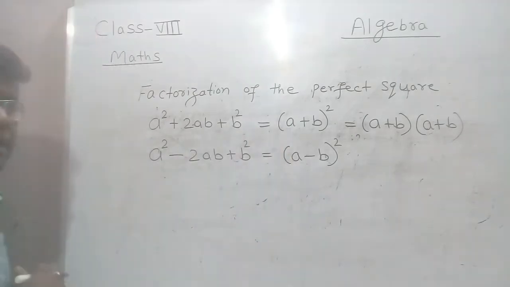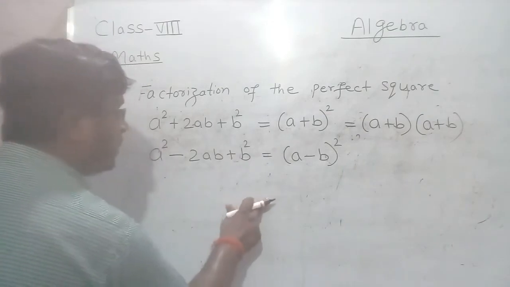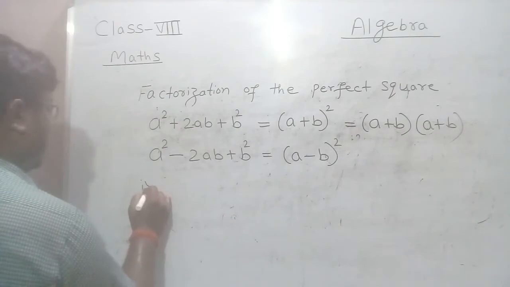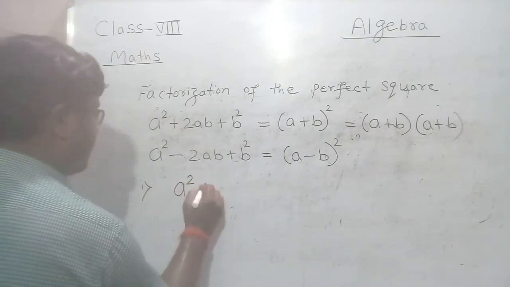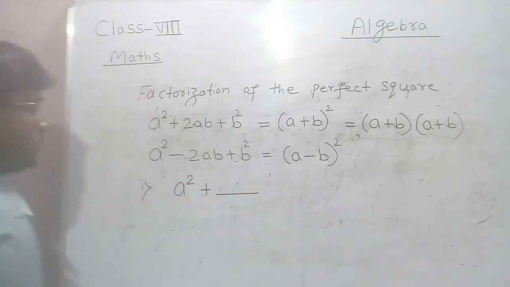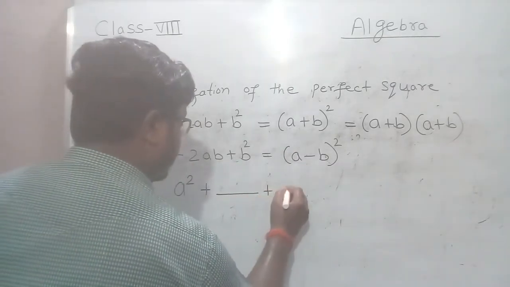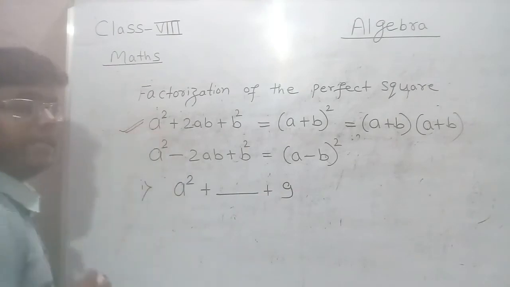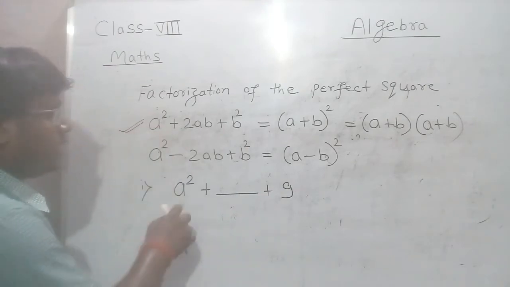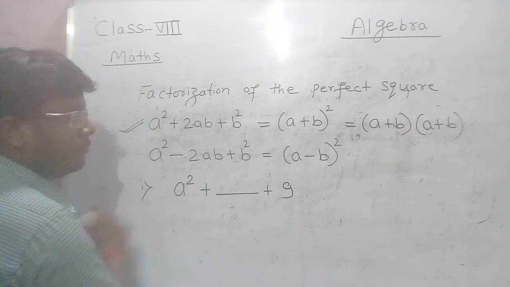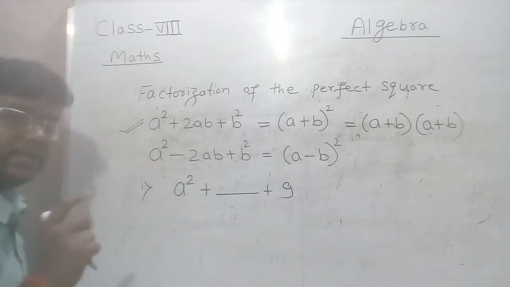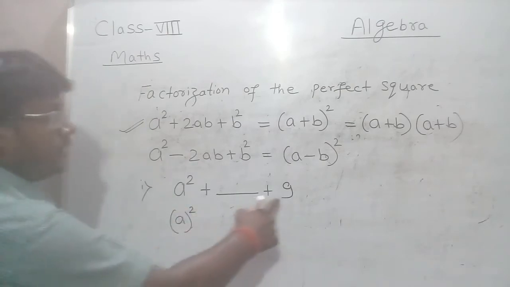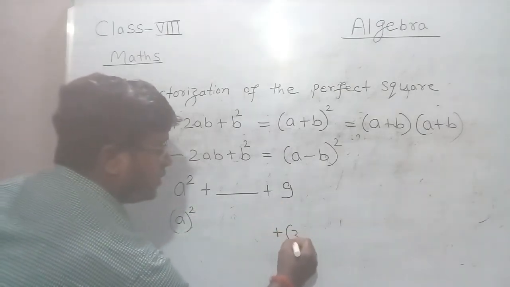Before entering such questions, let's do some questions to revise this. First of all, suppose a square plus dash plus 9. Here, see the formula a square plus 2ab plus b square. What will be the missing term here? This is your square term a square, this is another square term, that is 3 square.